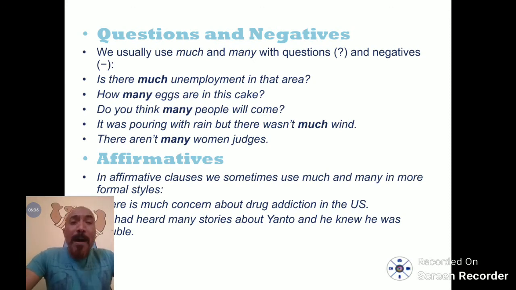Since we have a question here, we use much with an uncountable noun. How many eggs are in this cake? Here eggs is a countable noun, and we use many.